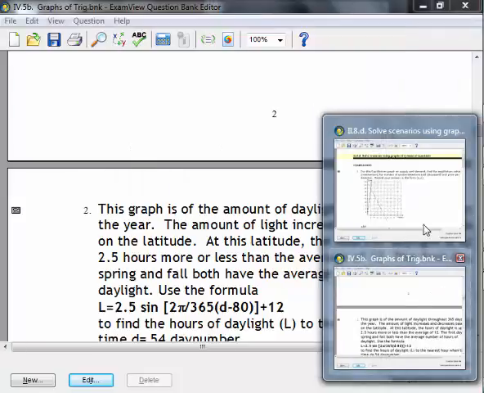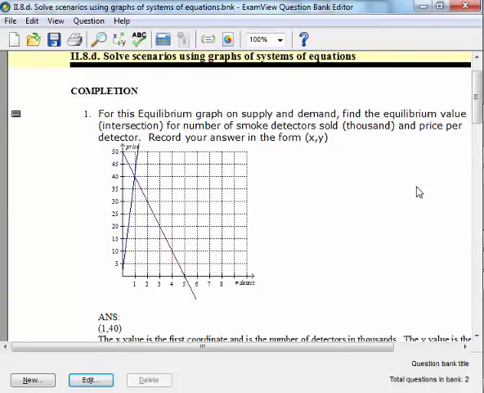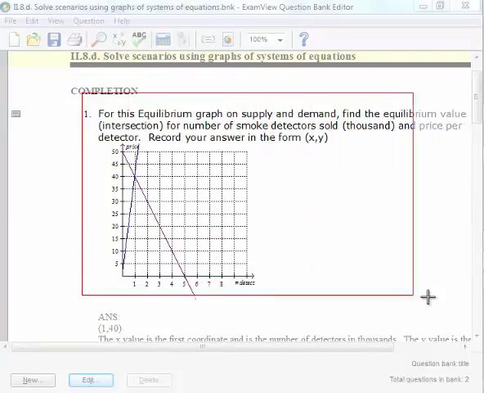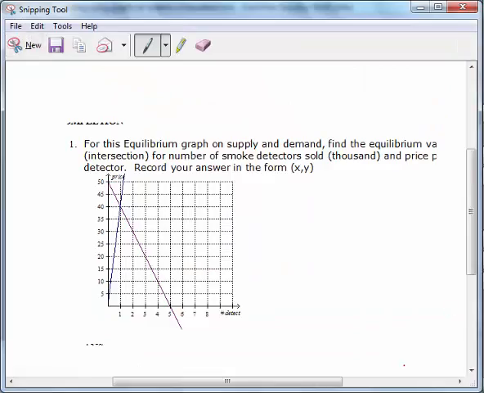I think there's some more examples that I've got here. This one is a little tricky because I need to show you that it says this is the number of detectors in thousands. So remember, this is 1,000, 2,000, and so on. And then the price is in dollars.